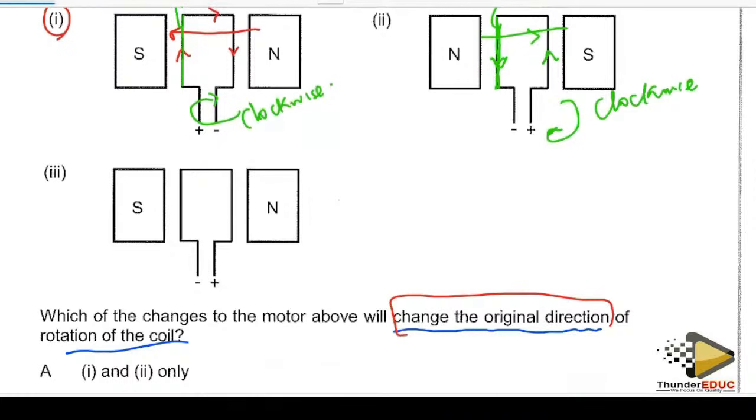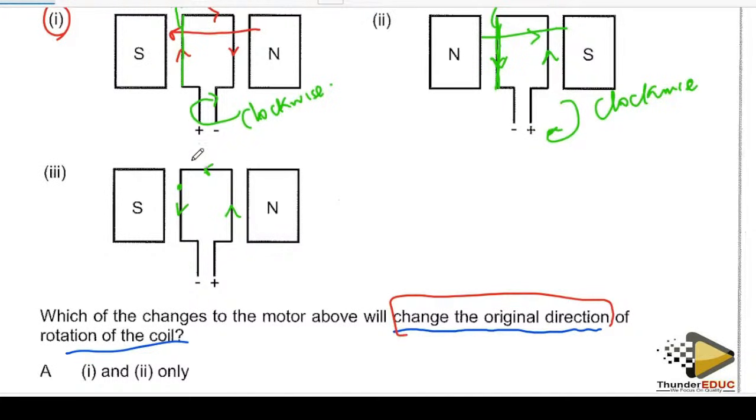Let's look at option number 3. If I focus on this, current is moving in this sort of direction, and the field is moving that way.